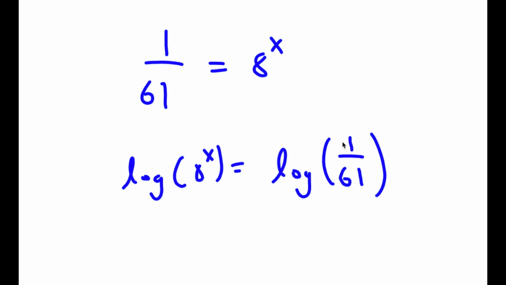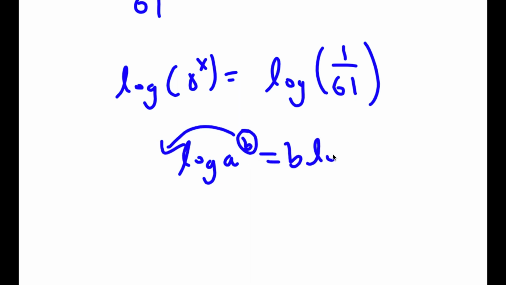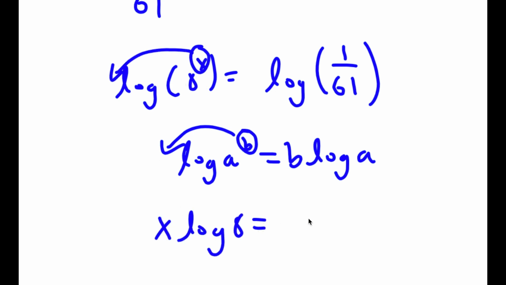Actually, before I do that, if I have something in the form log a to the power of b, I can move my exponent b to the front, so this is equal to b times log a. So in this case, I have log 8 to the power of x, and I can move x to the front. So now I have x times log 8 is equal to log of 1 over 61.